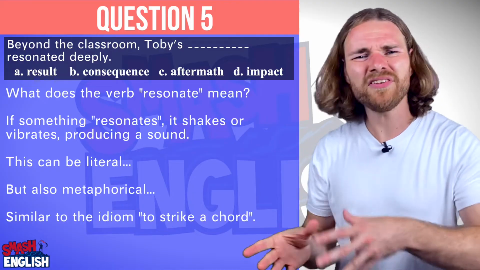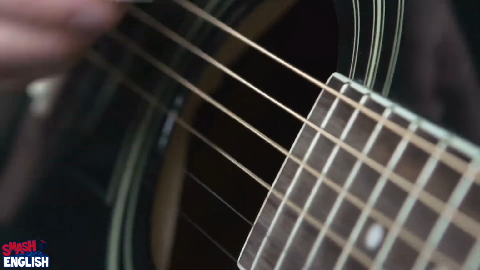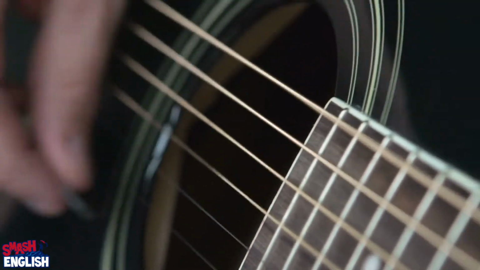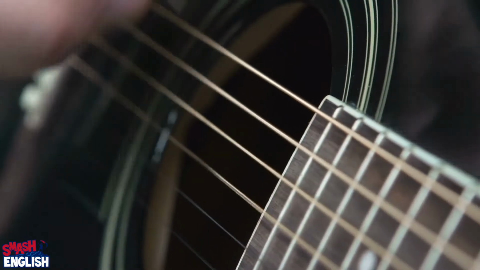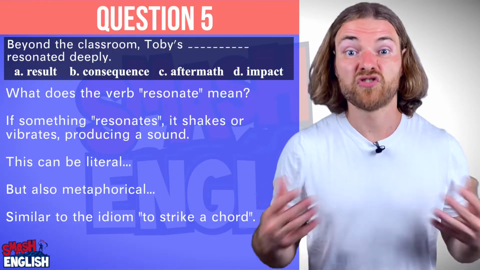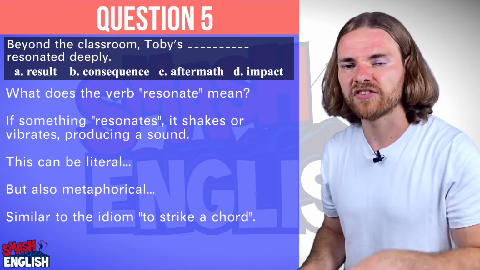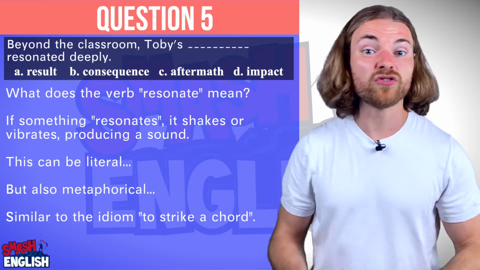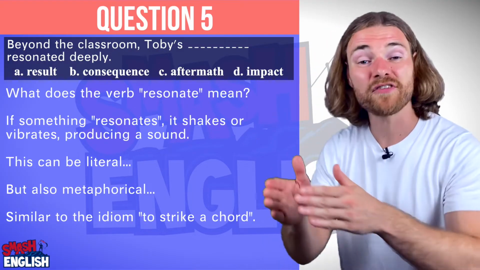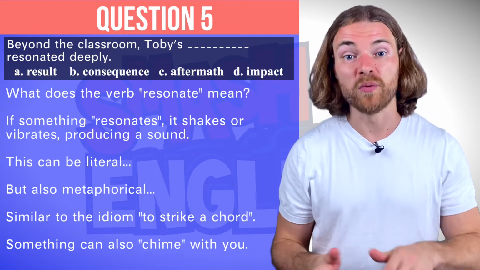Interestingly, it's very similar to the idiom to strike a chord. Think about it. If you're playing the guitar and you strike a chord, it will produce a sound and the sound will continue. It will resonate. So, if something strikes a chord with you, it resonates, it leaves an emotional impression. And the metaphor doesn't stop there, because another way of expressing this idea is to say that something chimed with us.